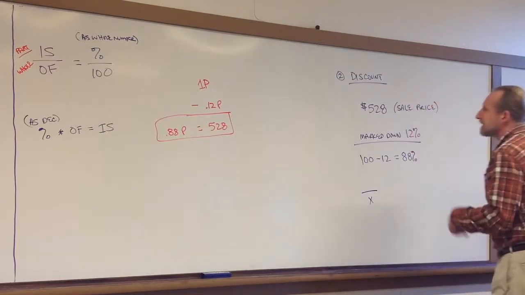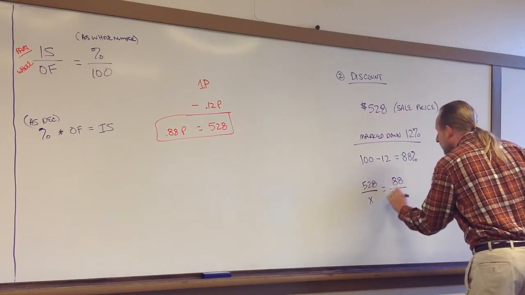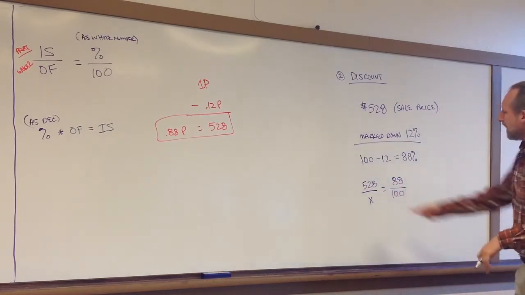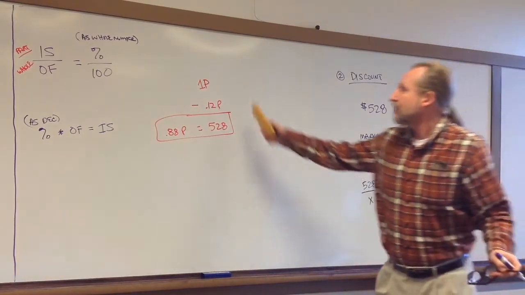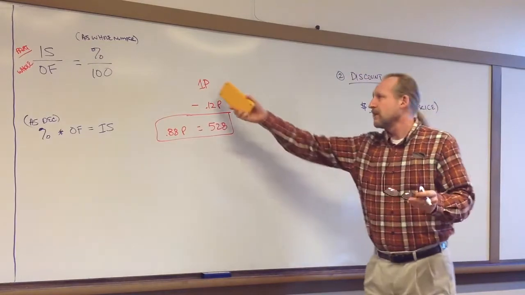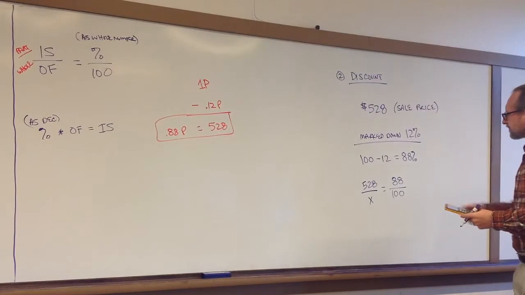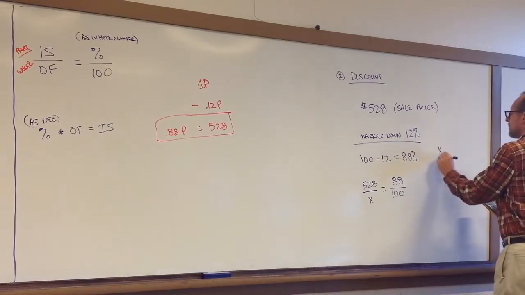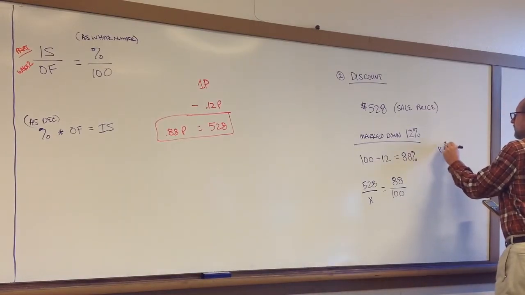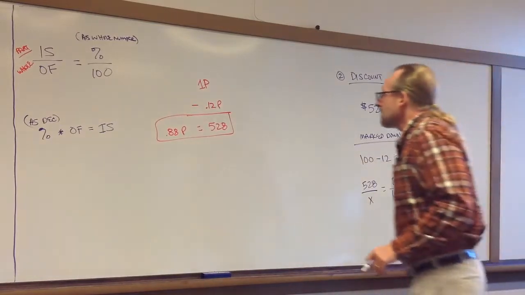So the original price is of, 528 is, and this will be 88 over 100. And so then we multiply these two and divide by 88. Like I said, it's exactly the same process as this. This is a little bit, I guess, harder to understand maybe, leans a little bit heavier on algebra. So let's see, if we go 528 times 100 and then divide that by 88, turns out it originally sold for $600. Okay, that's problem 2.